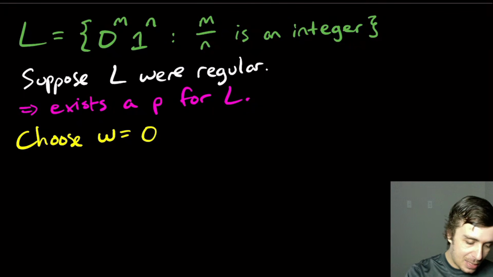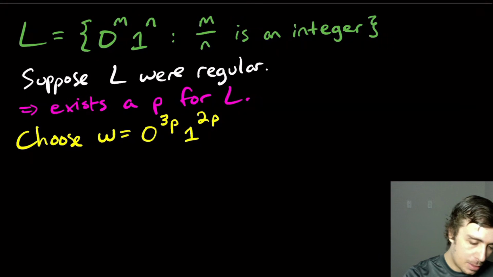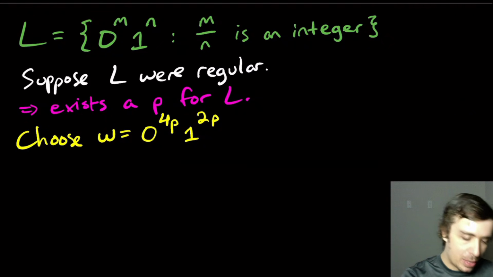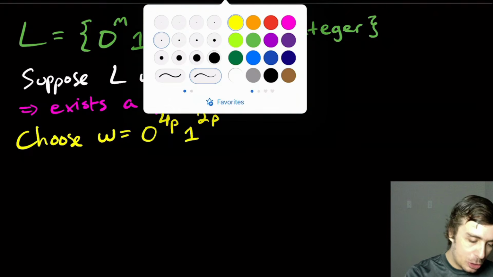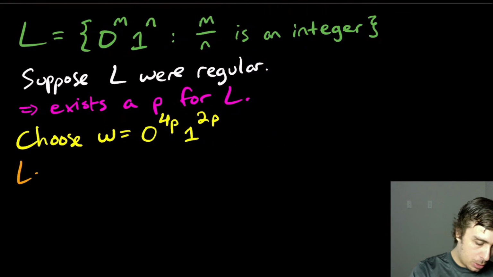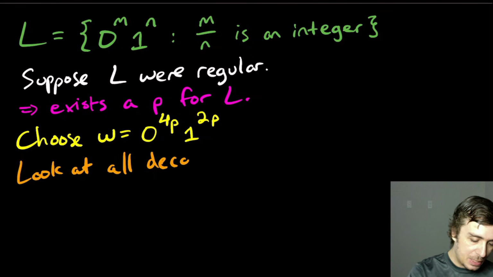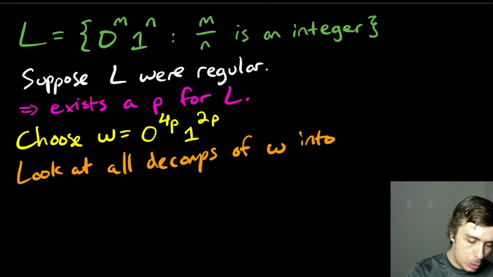So let's say 4P zeros here and P ones. Now let's look at all decompositions of w into x, y, and z.